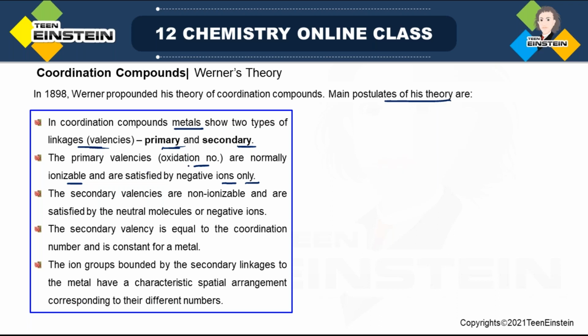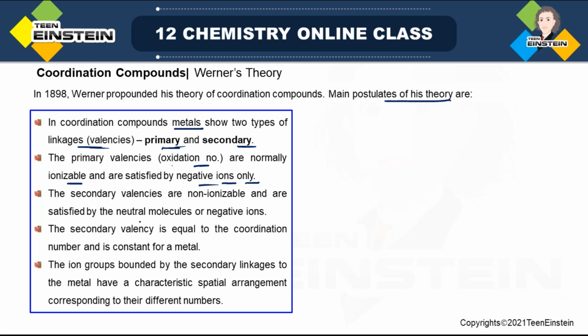Because if the primary valence is the oxidation number, suppose the oxidation number is +2 or +3, this positive charge can be balanced only by anions. It cannot be balanced by some neutral molecule, right? Only an anion can balance it. So the oxidation number, that is actually the primary valence, will always be satisfied by negatively charged ligands.